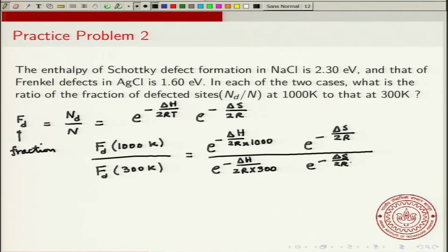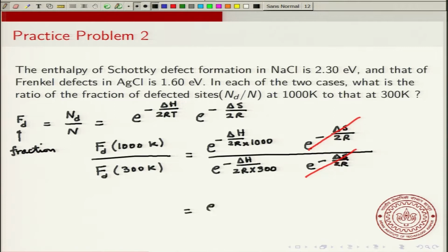As usual we assume that delta H and delta S do not change with temperature, which is a fairly good approximation. And so what you can see is that this term will cancel on both sides. I can write this ratio in the following form. I can take this up to the numerator and make this a plus sign.